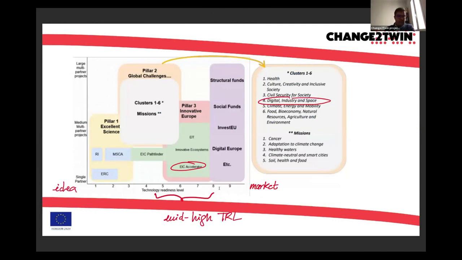Let's say that if we have an axis of the technology level of your products, ranging from only the idea to a development of your product, of your technology, that is quite close to market, I feel that after implementing your projects thanks to the Change2Twin funds, you may reach a mid-high technology level that afterwards may prepare your technology to approach these kinds of European, more general, goals.